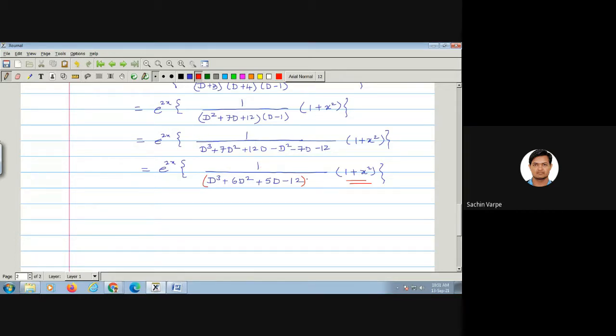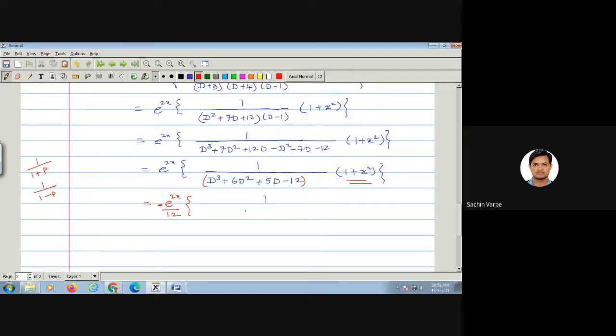But to use them, we need the form 1 upon 1 plus p or 1 upon 1 minus p, and that is not of that form. So let us get that form: e to the power 2x, and I'm taking minus 12 common from the denominator.